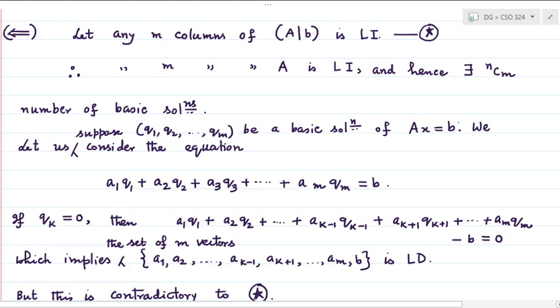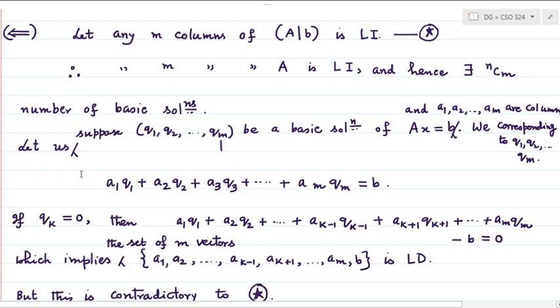So we assume that a1, a2, am are the column vectors corresponding to the components q1, q2, qm. Then we now consider this equation.